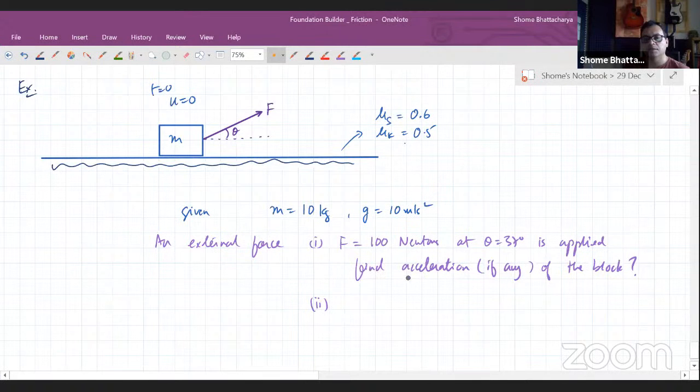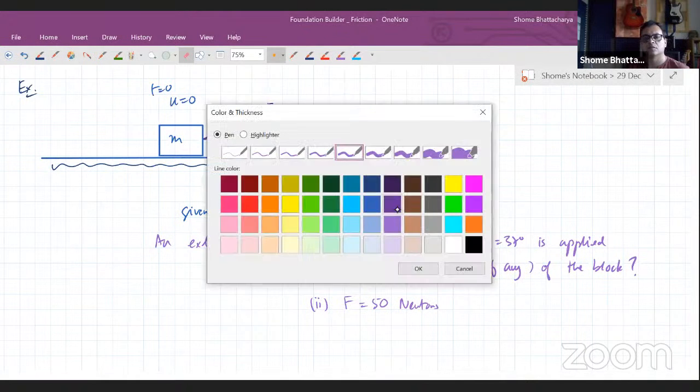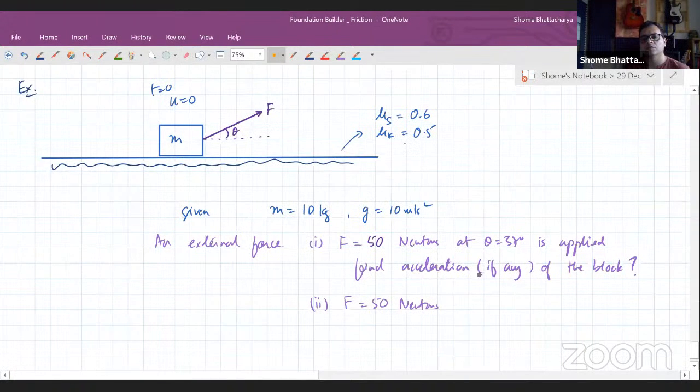Next case, apply a force of 50 newtons. Actually, change the first part, make the first part 50 newtons at an angle of 37.